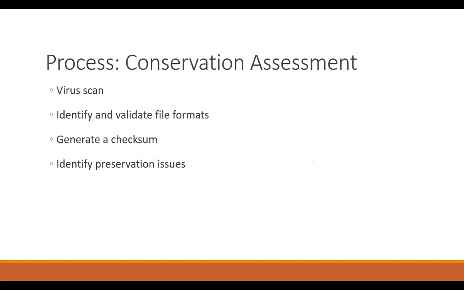And for digital records, this includes a virus scan, identifying and validating file formats, generating a checksum, and identifying any preservation issues, such as do they contain file formats that are outdated, or are the records on media that's obsolete?